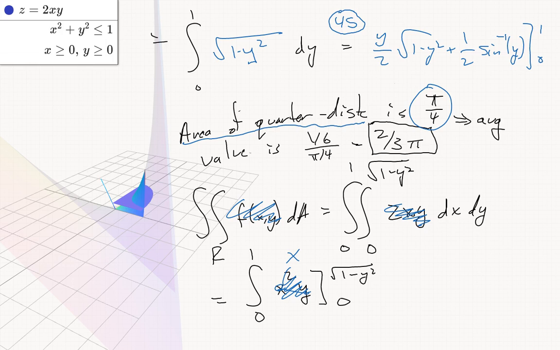This at 1 and at 0: when y is 1, the first term is 0; when y is 0, this is 0. Sine inverse of 0 is 0, and sine inverse of 1 is pi over 2. So we get pi over 2, and then that divided by 2. So that is using calculus how we would get the area of this quarter disk, by integrating just the constant function 1 over that region.